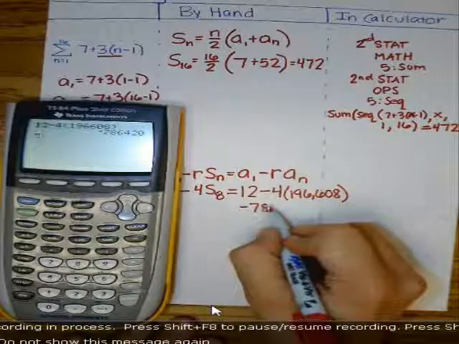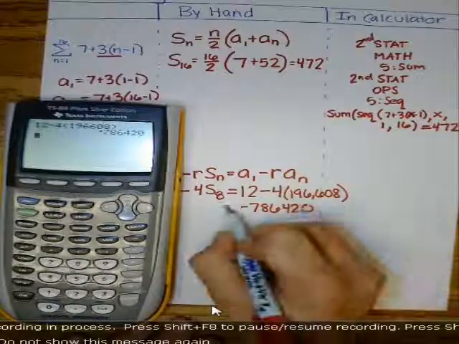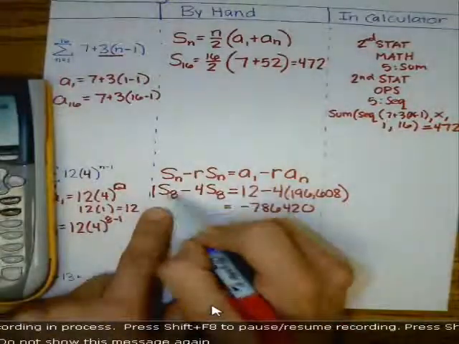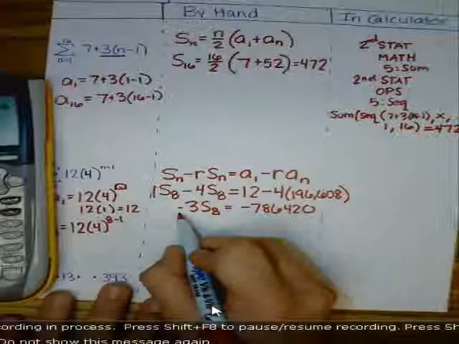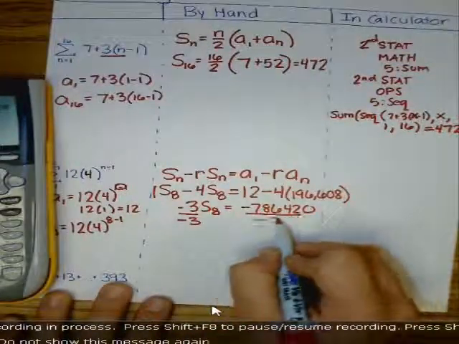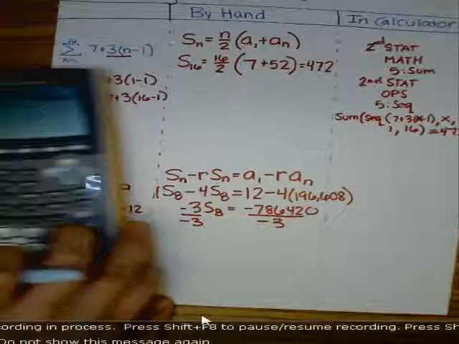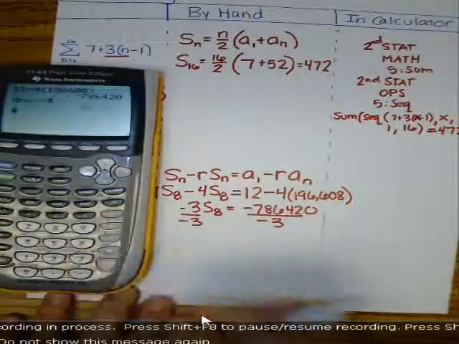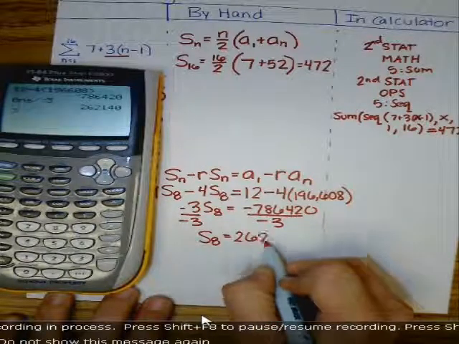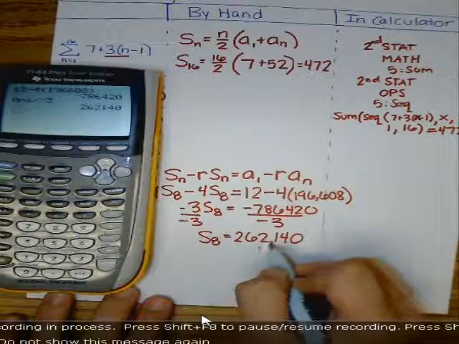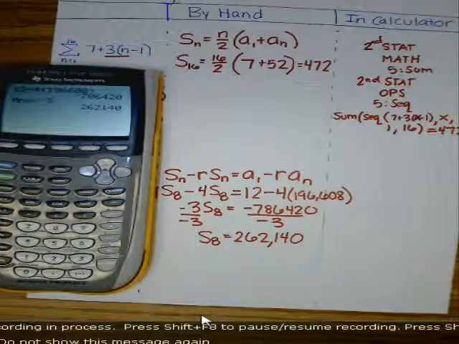Negative 786,420 is equal to 1s minus 4s is negative 3 s sub 8. To get my answer, I'm going to divide by negative 3. And my sum of these is 262,140.